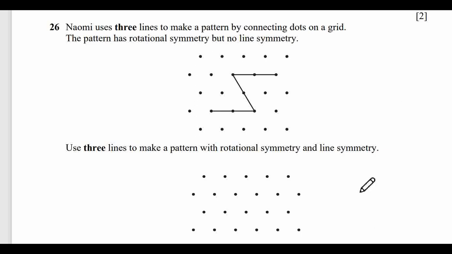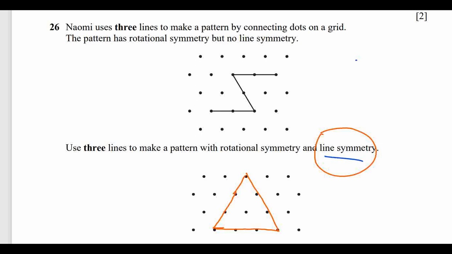So the easy option with 3 lines will be a triangle. We can make a triangle like this and like this and something like this. So this will have a line of symmetry.